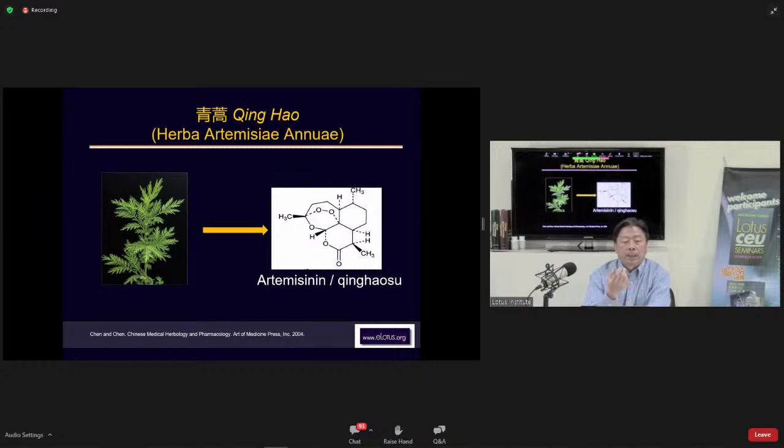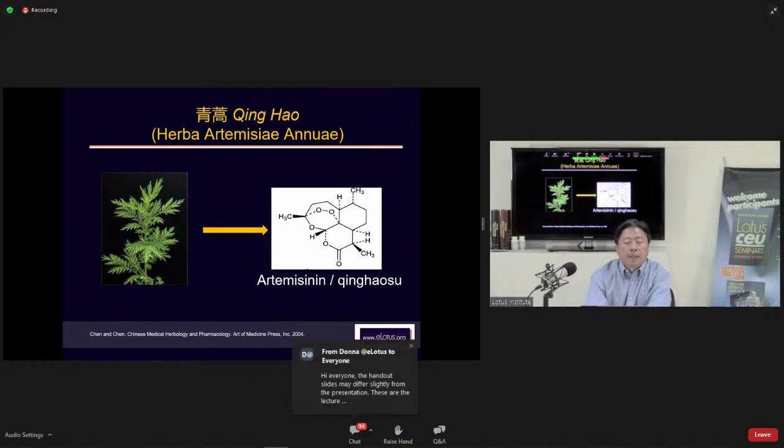Okay, so basically take the fresh herb, grind it into juice, and take the juice if you can, or take the decoction. It's not going to be quite effective if the herb is dry or the product has sat for a long time. Okay, so if you're using this herb as an anti-malarial herb, then get the fresh herb if possible.